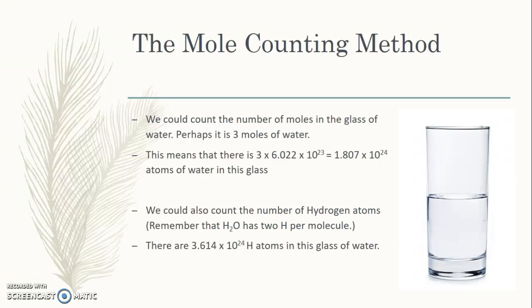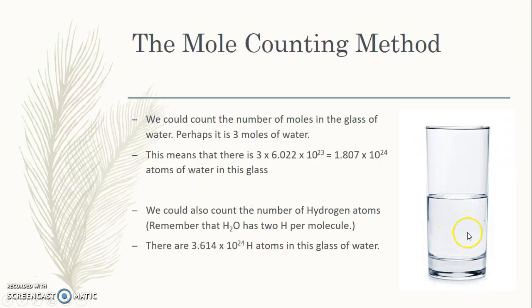We could count the number of moles of water inside this glass, and perhaps there are 3 moles of water. So that means inside this glass, there are 3 times 6.02 by 10 to the 23, which is 1.807 by 10 to the 24 atoms of water in the glass.